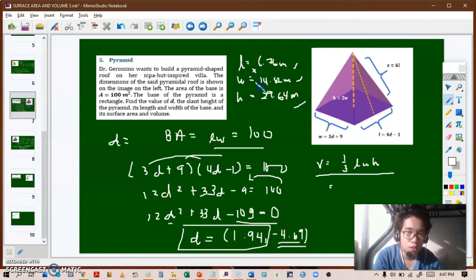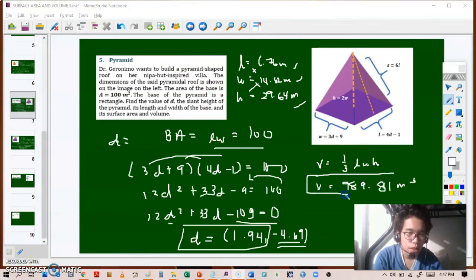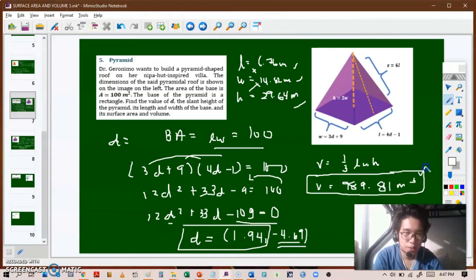If we multiply these and then times 1/3, or divide by 3, you will get that the volume of the pyramid-shaped roof is 989.81 cubic meters.